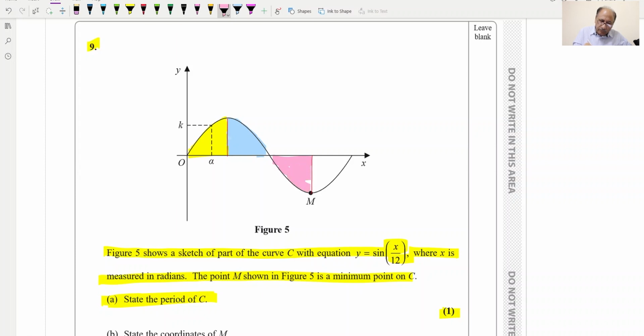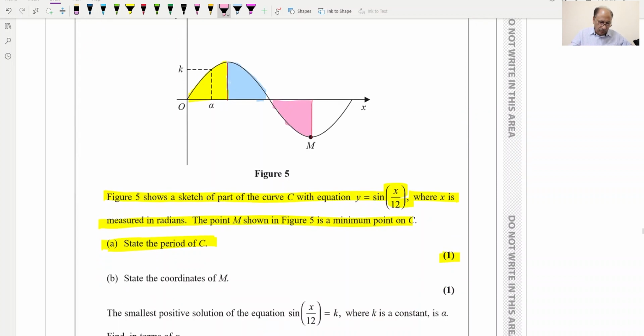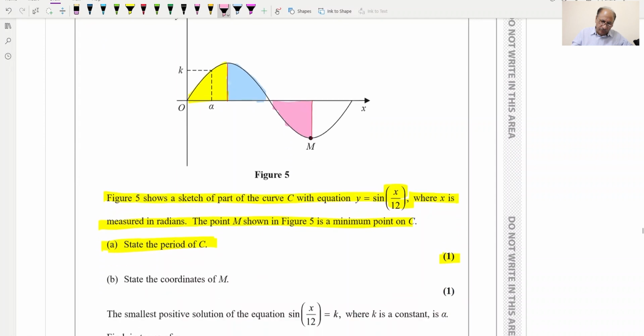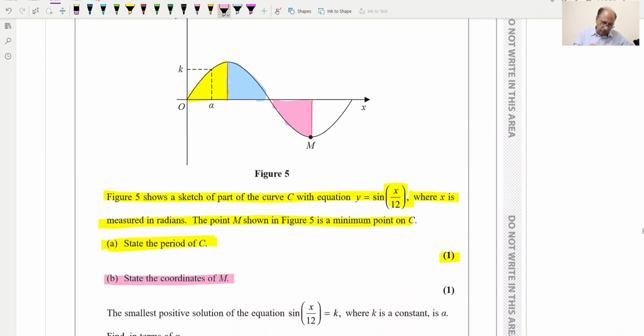So these are the 3 portions for M basically. First of all, the period of C, then we will go for stating the coordinates of M.